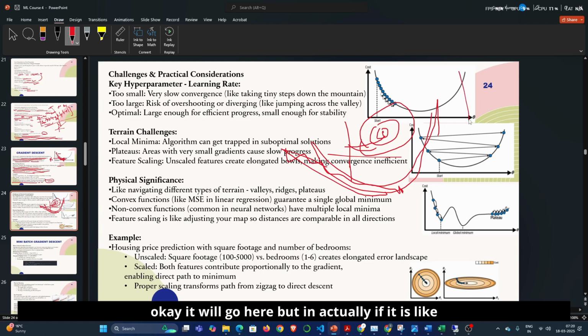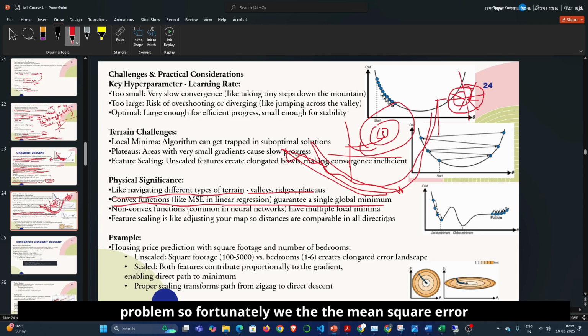But actually, if it is like this, scaled, every value is on one scale, then it will reach the minimum too fast.